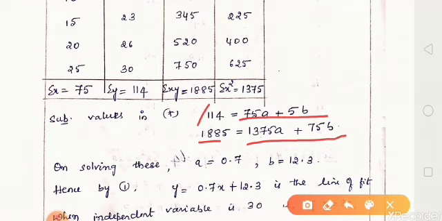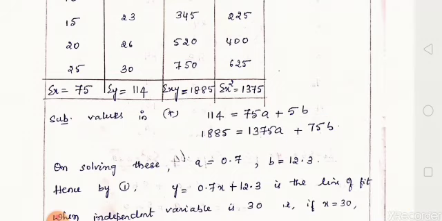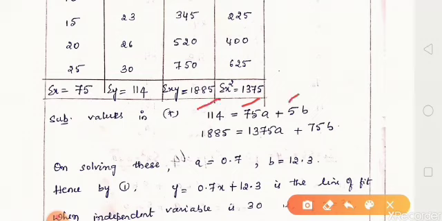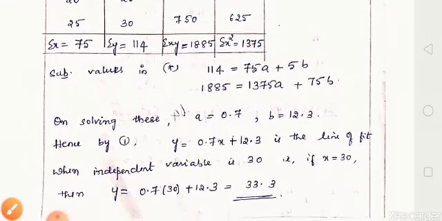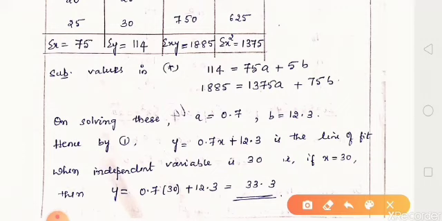Equation mode, two unknowns, take a1 as 75, b1 as 5, c1 as 114, a2 as 1375, b2 as 75 and c2 as 1885. And when you solve this using the calculator, you will get value of a as 0.7 and b as 12.3.